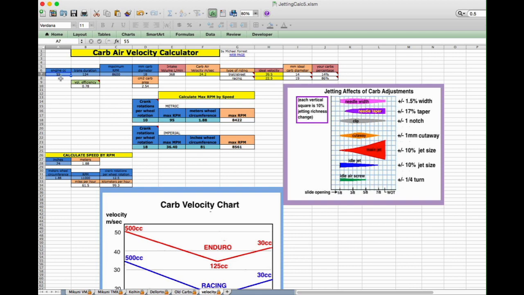You enter the engine size, the transfer duration. If you don't know, just leave it at 124. It's not real critical. The maximum RPM, if you don't know that, one of these two will tell you. If you know the crank rotations per wheel rotation, put it in, in the gear in which you were testing.